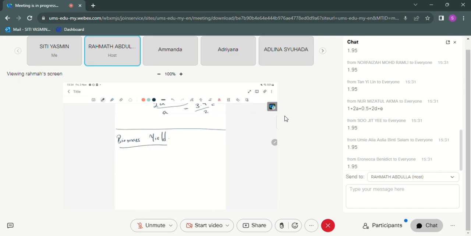Now the biomass yield is the linear relationship between the amount of biomass produced and the amount of the substrate consumed.